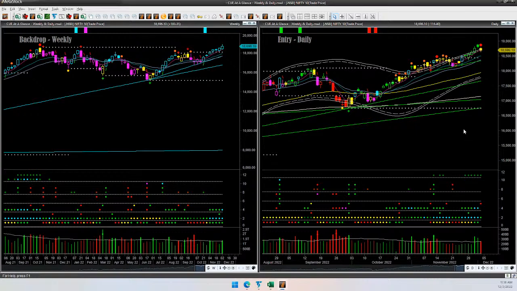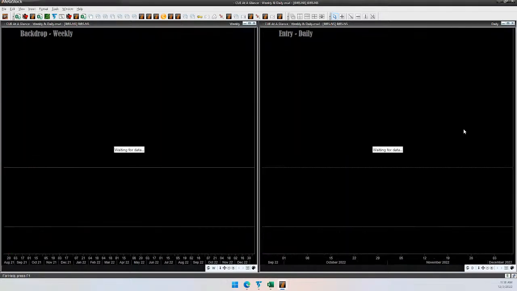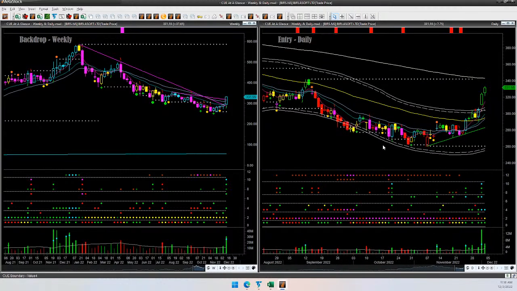Let's look at one such stock that I shared in the last market recap. That was Birlasoft. BIRS is the Reuters symbol. Once again, let's look back and see how nicely I could analyze the stock.